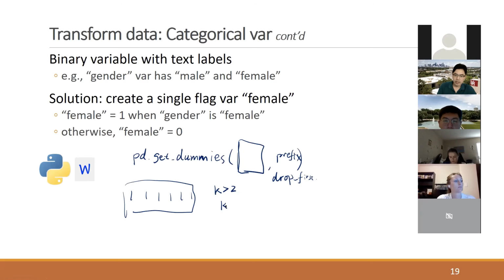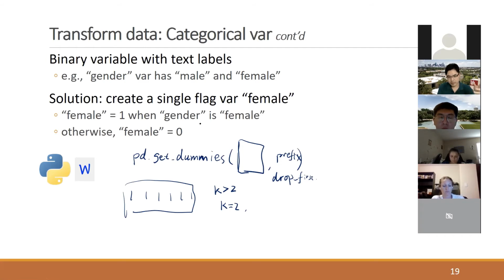But when k is equal to 2, you can use a shortcut, a simpler code. You can simply use a comparison command in Python, and it will return true or false if it's the same as a label. We use gender as an example.